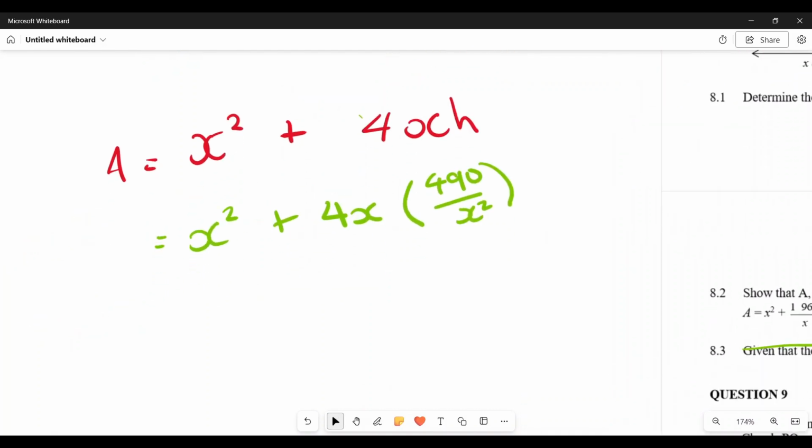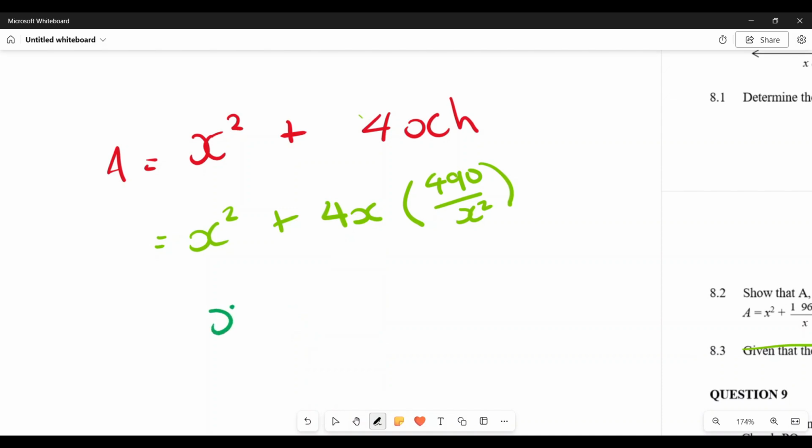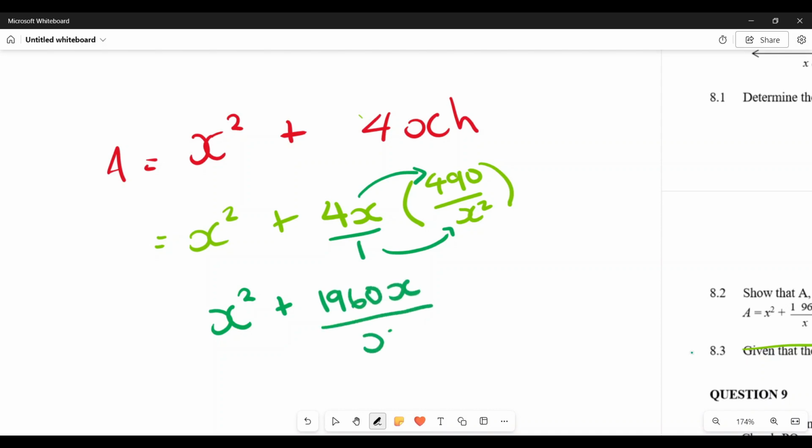Now, the x squared is already fine. The only adjustment that needs to be made is on the other side. So the x squared, I'm just going to write as it is, plus, now here, I'm going to multiply numerator by numerator as well as denominator by denominator. Doing so, 4x multiplied by 490 is equal to 1960x, and 1 multiplied by x squared would still be x squared.